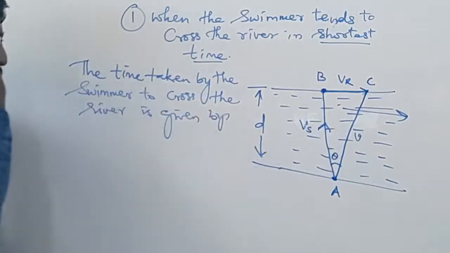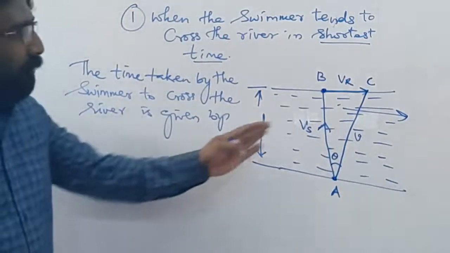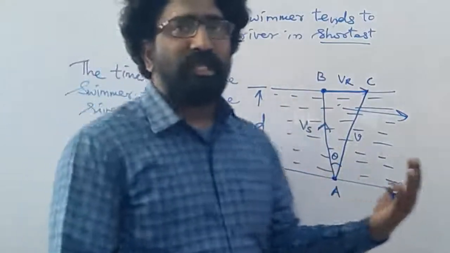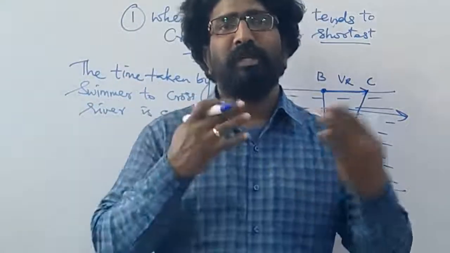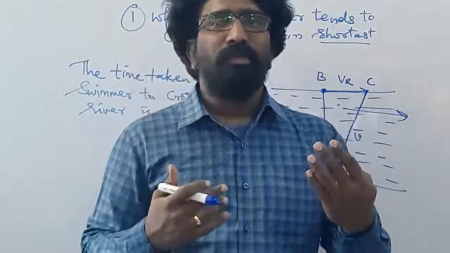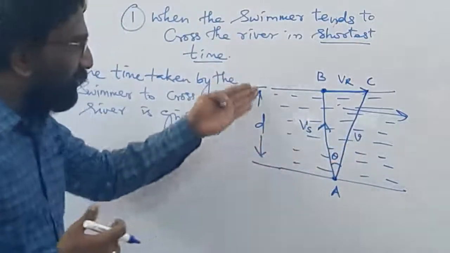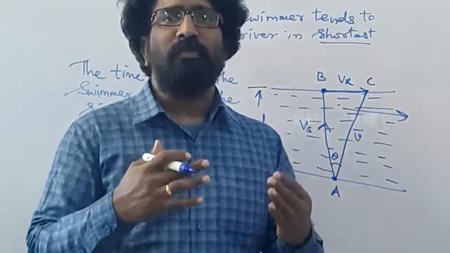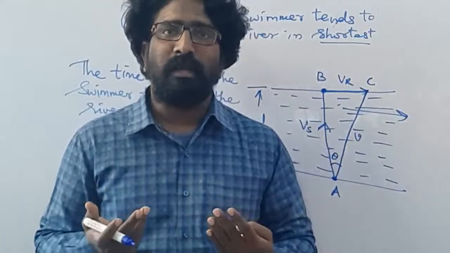so see, we know the net velocity of the person. We know the definition of velocity is nothing else but distance over time. So once you know the distance of this river is d, we can easily find the time, because already we have found the net velocity of a particular person.